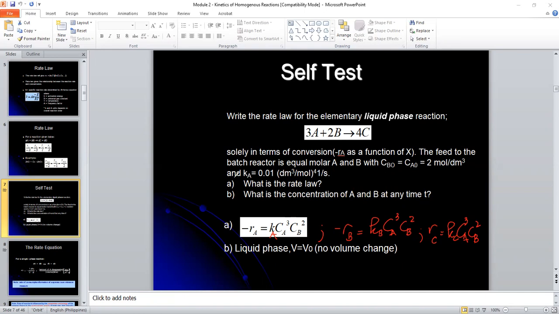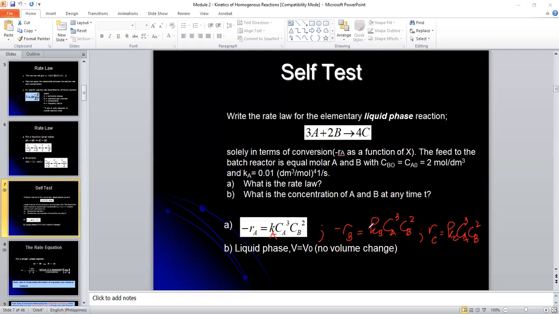And you're given the rate constant here, which has the unit mole for the amount of material, decimeter cube for the volume, and second for the time. As for the answer for the rate law, this is it.